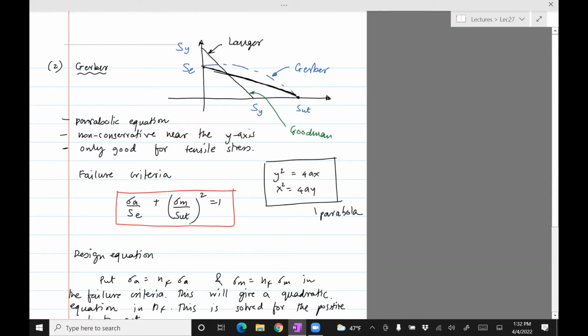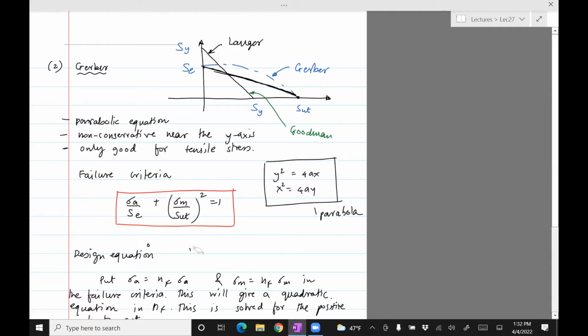So you see that sigma m is something about x square, something y divided by some constant. It's the same equation, you just have to put it in this form.